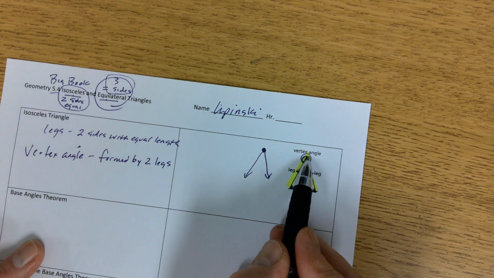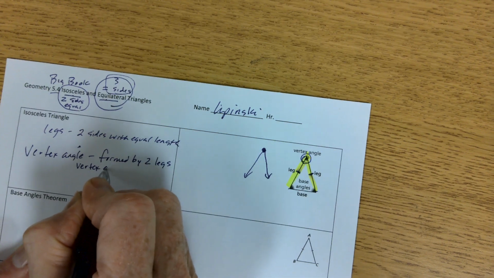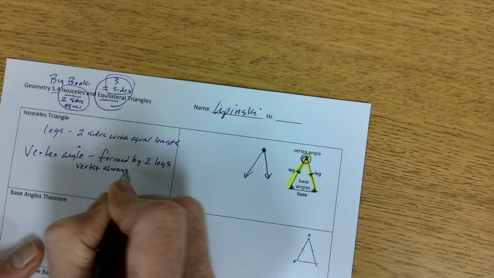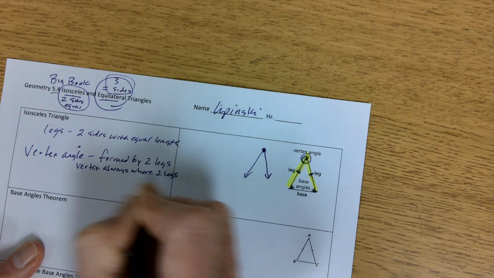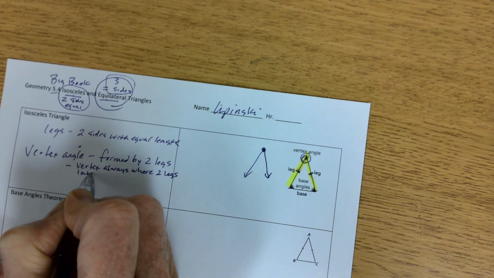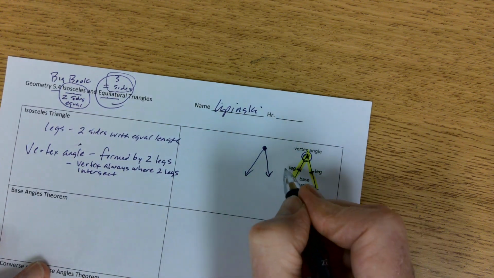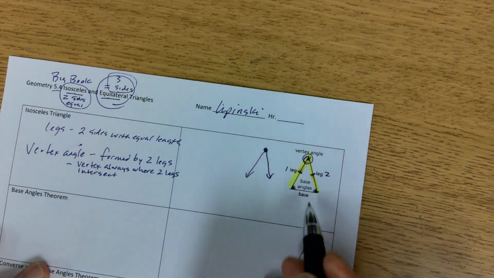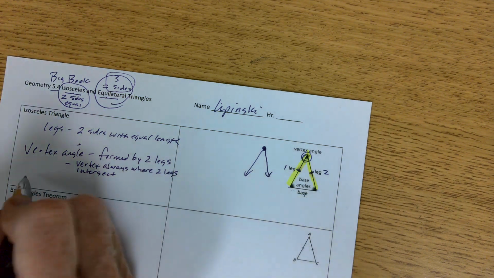And the vertex is always where the two sides meet. So you've always got two legs, one leg, two leg. The other side is always called the base. So the base is that third side.